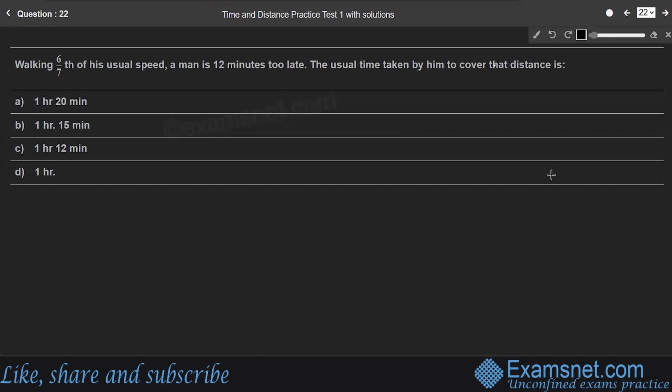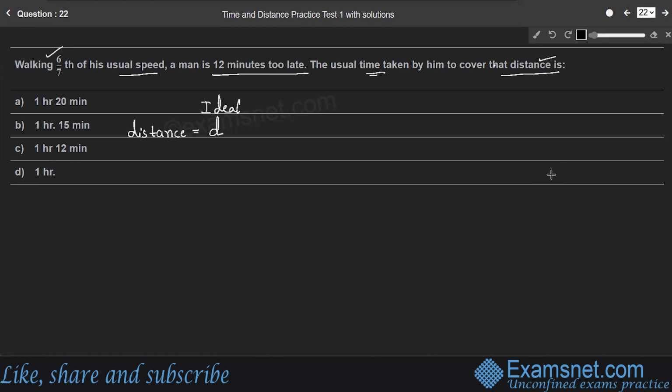Question 22. Walking 6/7 of his usual speed, a man is 12 minutes too late. The usual time taken by him to cover that distance is? So here, students, in an ideal condition, the man takes t time to cover some distance. We'll consider the distance as d in the ideal case.